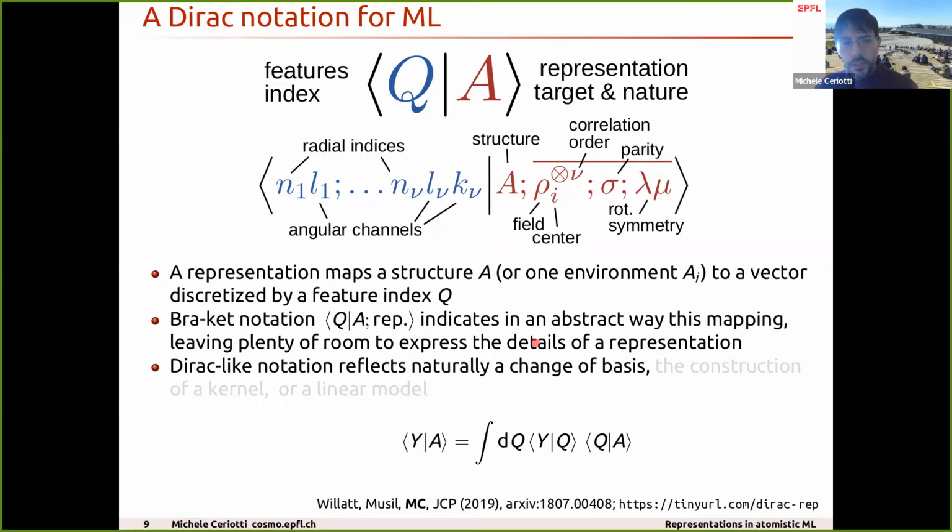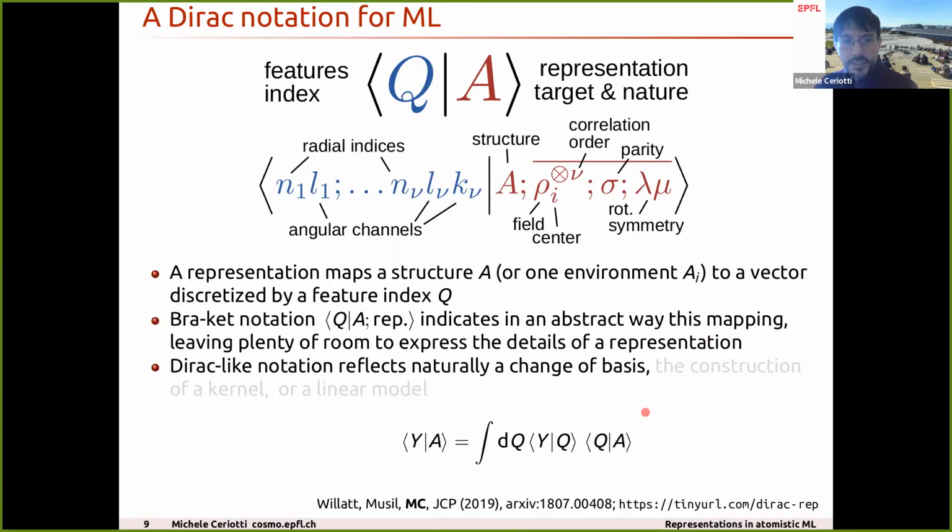And just to give you a few patterns that you will see occurring, which again are very familiar for those of you who have done some quantum mechanics, you can describe a change of basis.